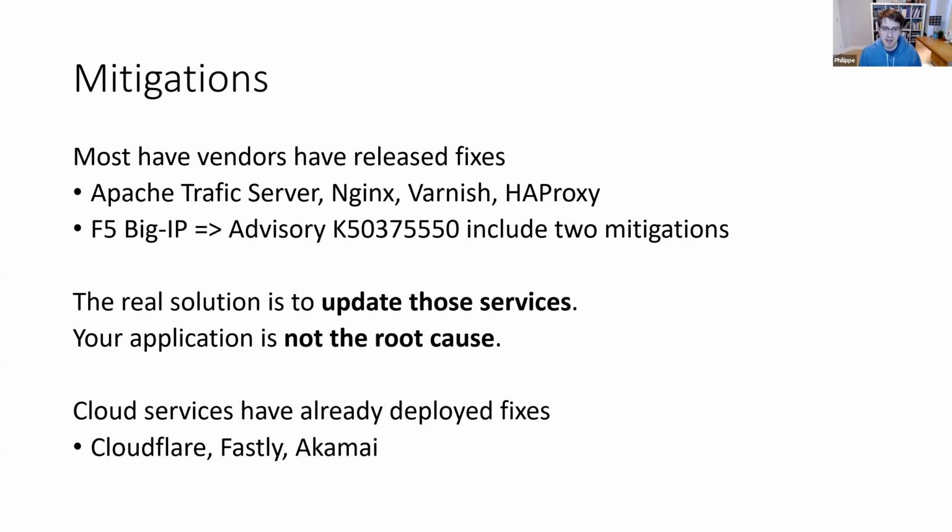Cloudflare, Fastly, Akamai: according to James Kettle and most researchers, the patches that were done in 2019 fixed all the issues found with alternate encoding of the Transfer-Encoding header. I'm not exactly sure of how they have done it, but based on what we can read on their blog, they seem to be doing normalization of requests.